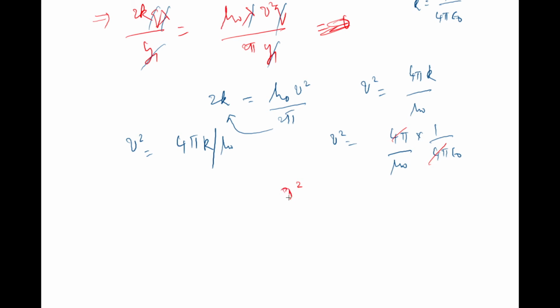So v squared in this case is 1 by mu naught epsilon naught, where epsilon naught is the permittivity of free space and mu naught is the permeability of free space. So v, if you write, is 1 over square root of mu naught epsilon naught, which we know is the expression for the speed of light in electromagnetic theory. So this is equal to c.